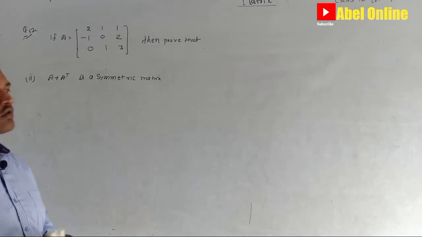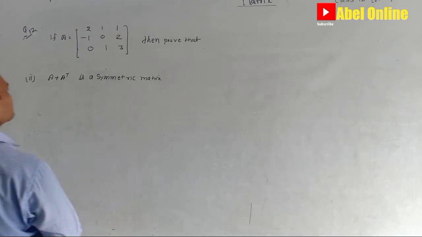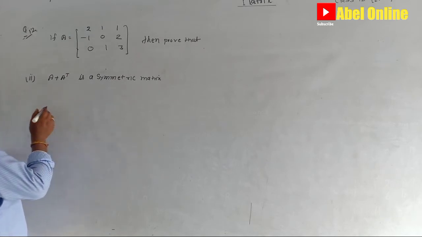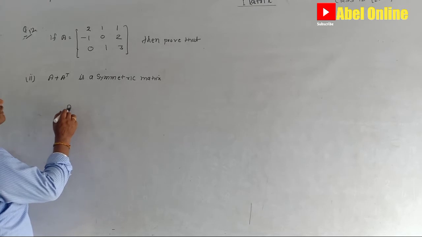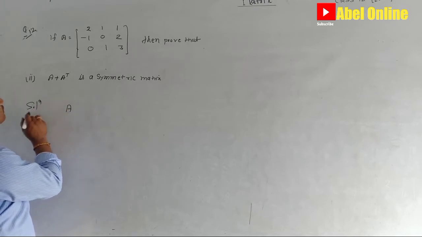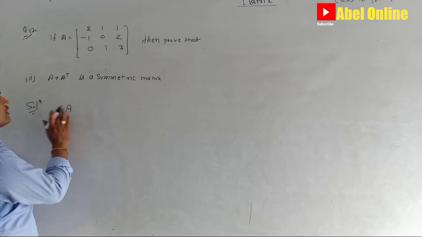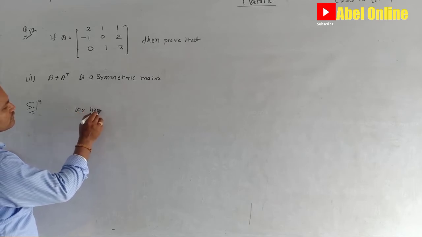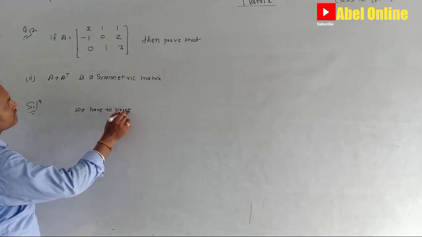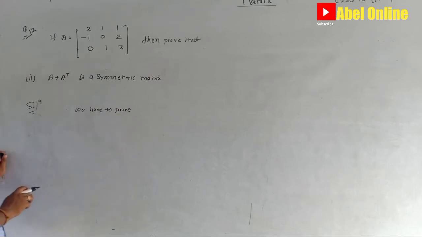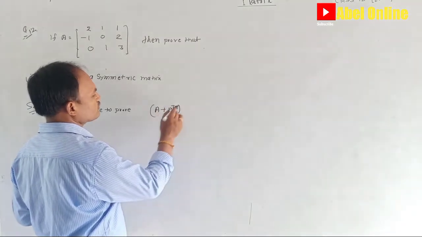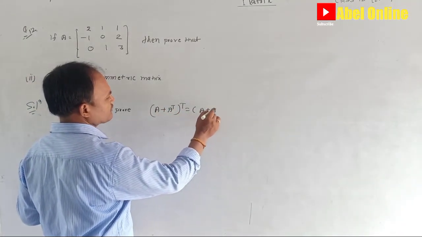When we are saying A plus A transpose is a symmetric matrix or not, A is given, and when we solve, we have to prove that A plus A transpose is a symmetric matrix or not. Then we have to prove (A plus A transpose) transpose equals A plus A transpose.